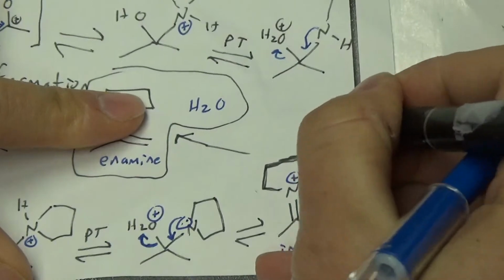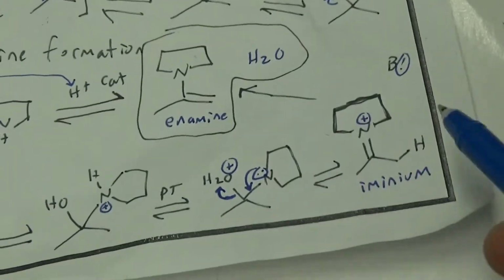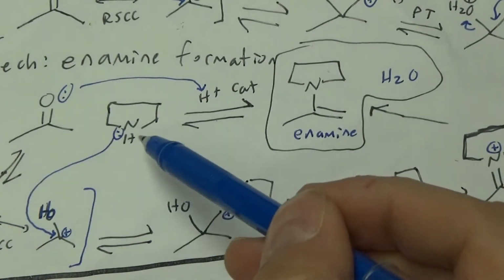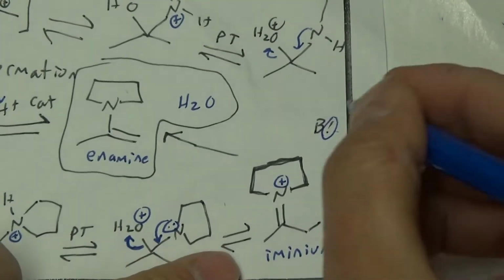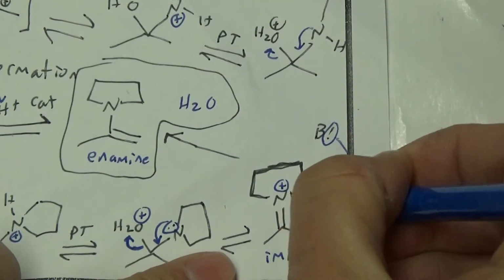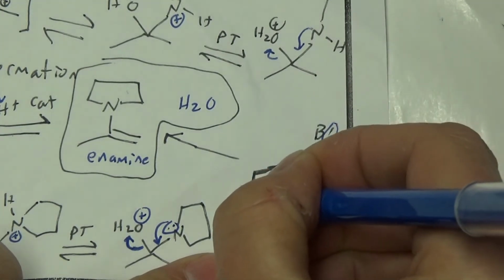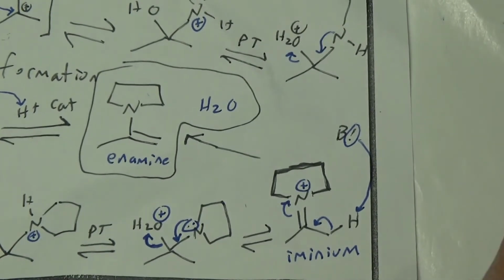Of course, the B dot dot is probably the same amine that you started with. So when I say B dot dot, it's probably that, right? The amine. It's a base. What's it going to do to make the enamine? Base takes proton, forms the double bond C, C double bond C, kicks electrons onto the nitrogen, and we've made our enamine.